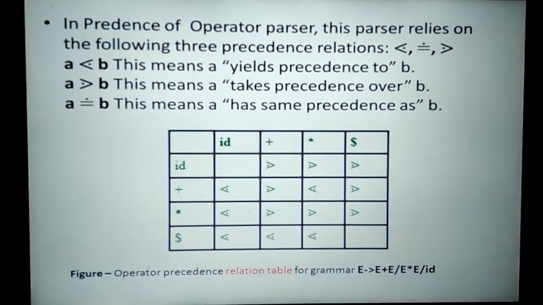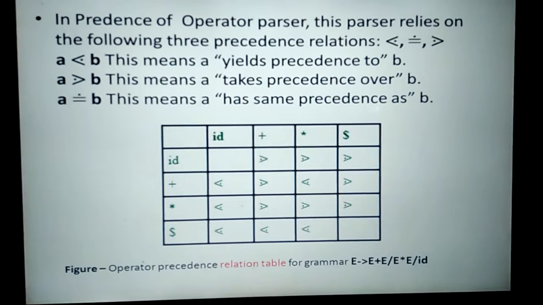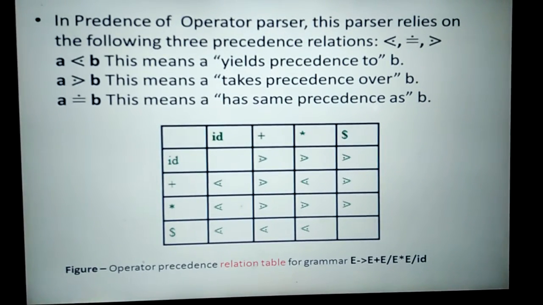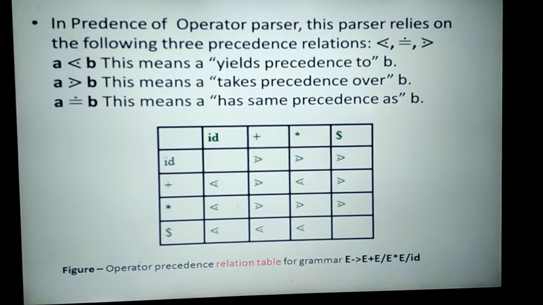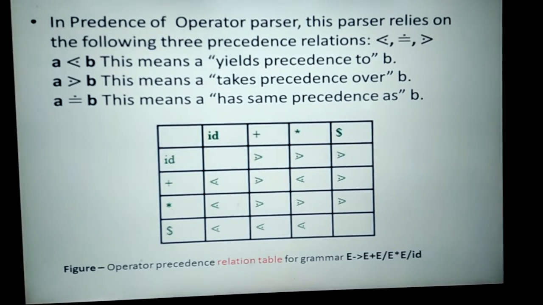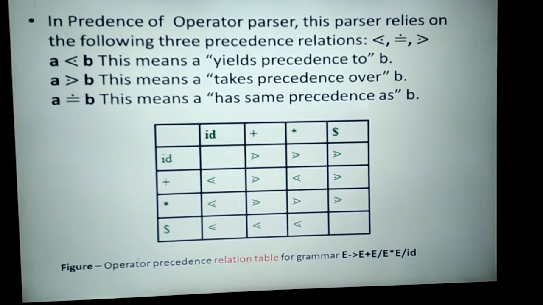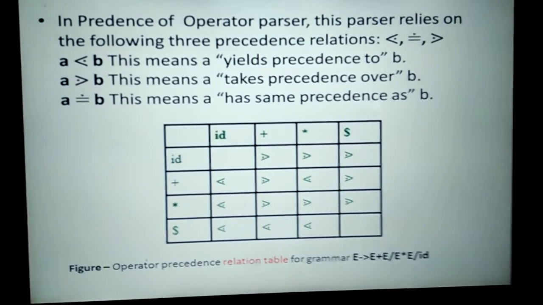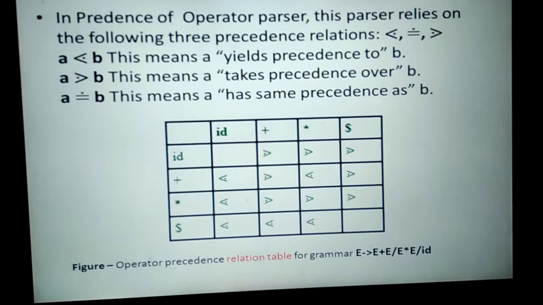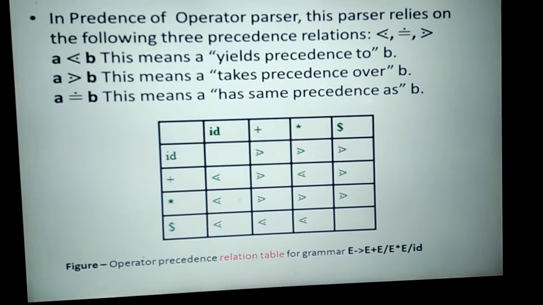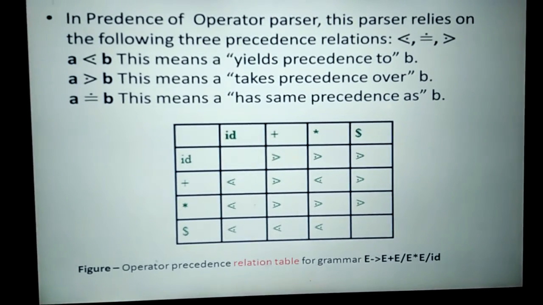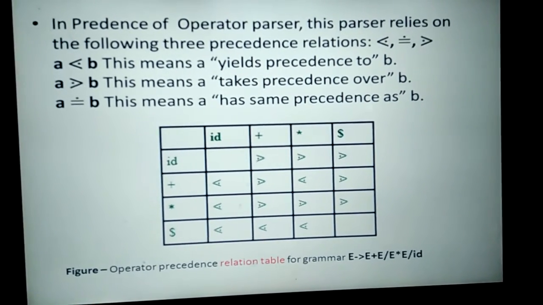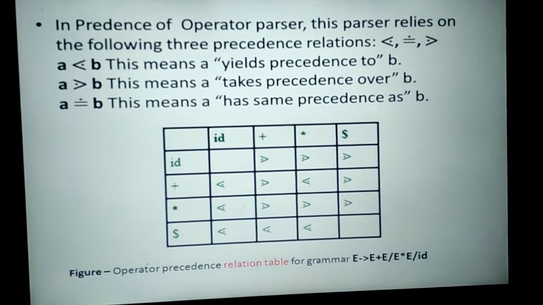A is less than B means A yields precedence to B, and if A is greater than B, it takes the precedence over B, and A is equal to B in the sense A has the same precedence as B. That means here the operator and the operands. How is the precedence between the operator and operands?